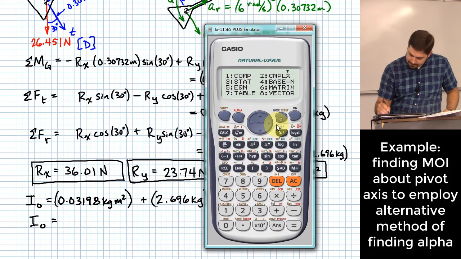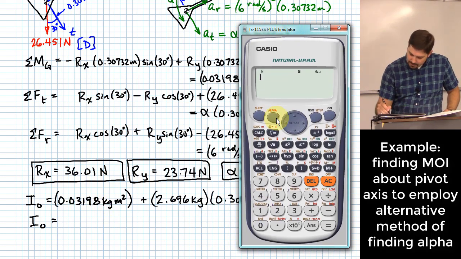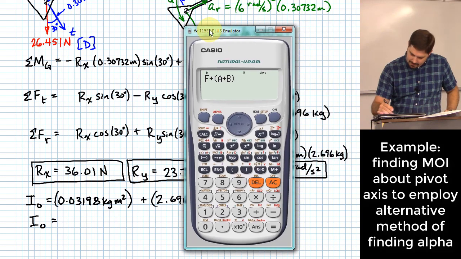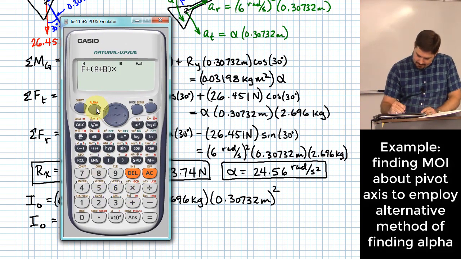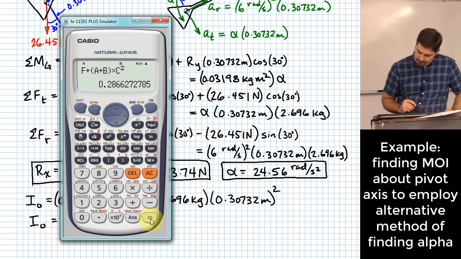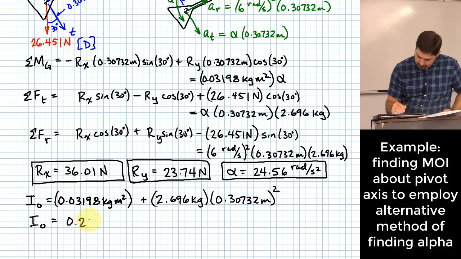I believe that I had that first value stored in F, and I'm going to add to that A plus B, okay, times C squared. So 0.2866 kilogram meters squared.